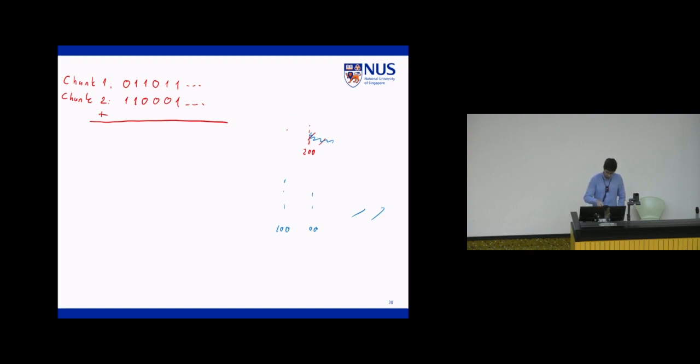Maybe let's also show that. 0 XOR 0 is 0, 0 XOR 1, or 1 XOR 0, is 1, and 1 XOR 1 is, again, 0.